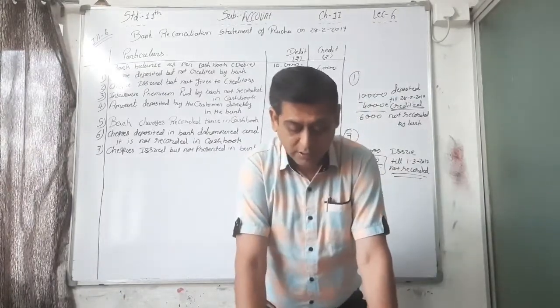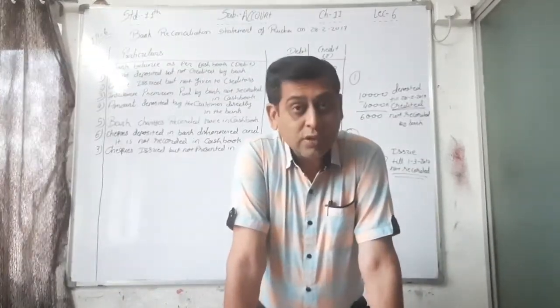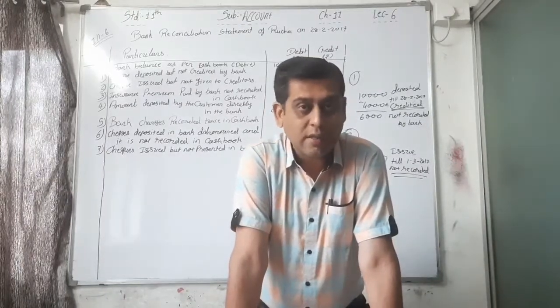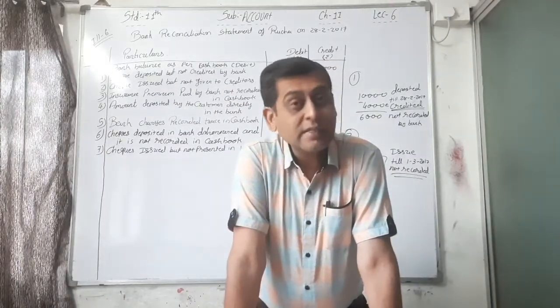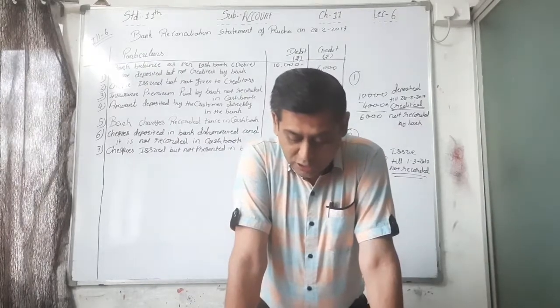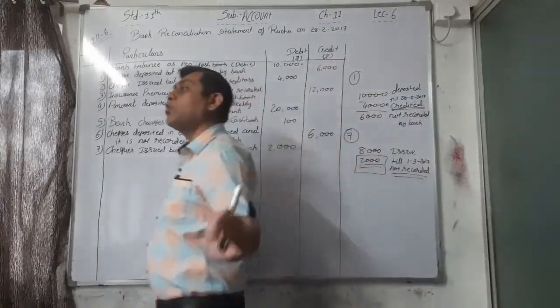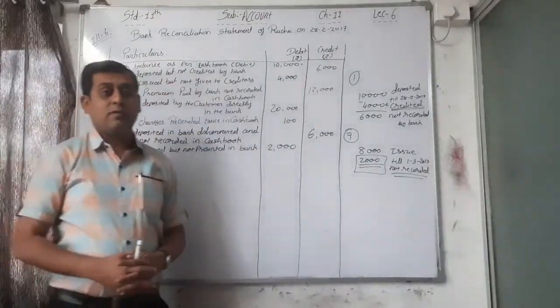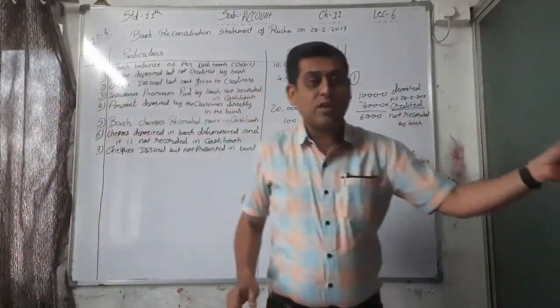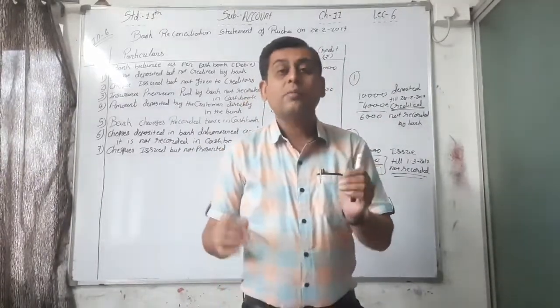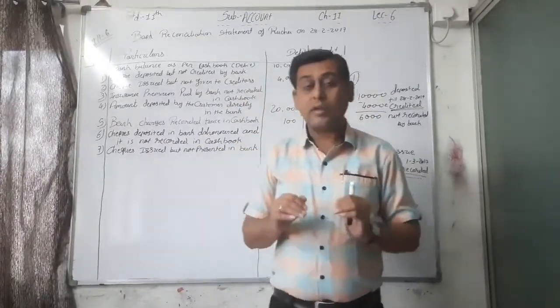The check of 4,000 is deposited into the bank, and it was left unrecorded in the cash book. The second thing, this check is not collected by the bank till 28th February. So the bank has also not recorded that particular check. I deposited the check on 28th February, and left it unrecorded in the cash book.